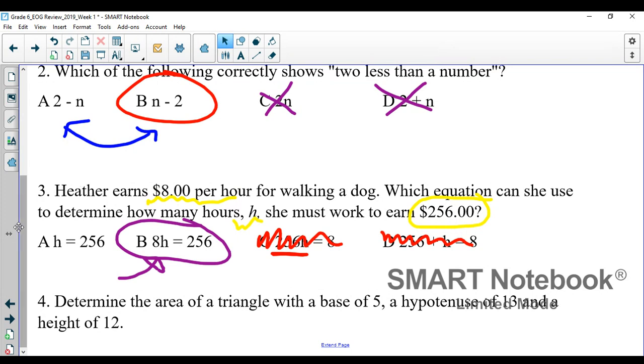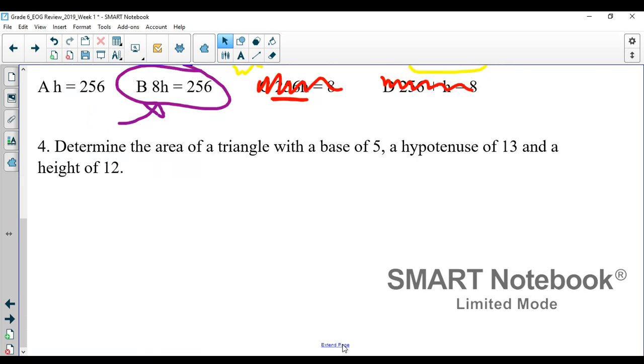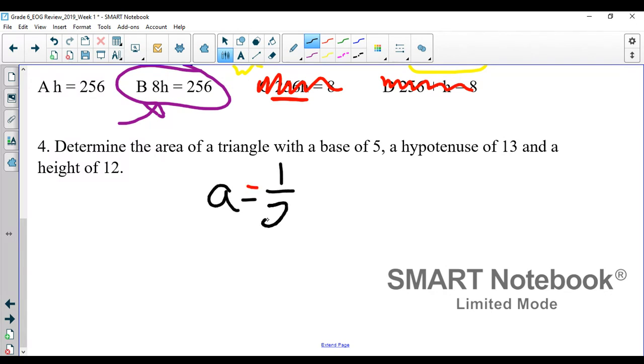Number 4 says determine the area of a triangle with a base of 5, a hypotenuse of 13, and a height of 12. Well, this is really just about knowing the formula. And the formula for finding the area of a triangle is area equals 1/2 times base times height. So this hypotenuse is really irrelevant. That does not factor into the formula for area of a triangle.